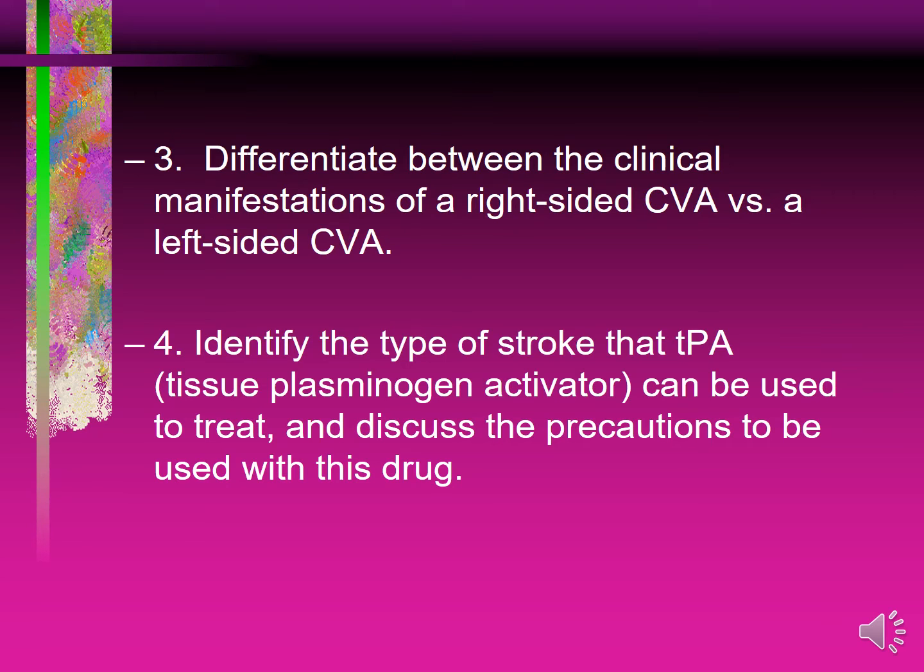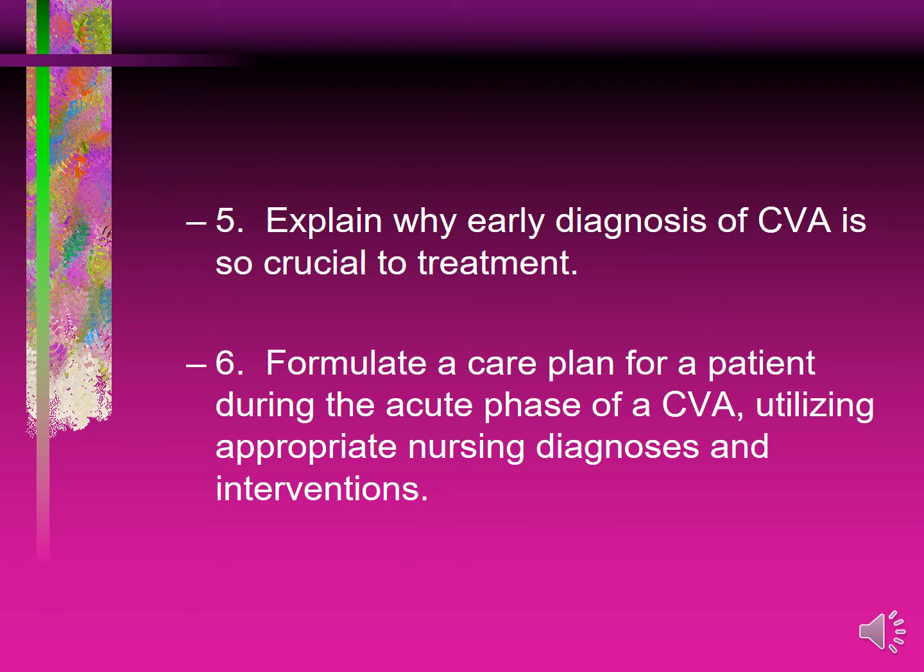You'll be able to identify the type of stroke that TPA, tissue plasminogen activator, can be used to treat, and discuss the precautions to be used with this drug. And lastly, be able to explain why early diagnosis of CVA is so crucial to treatment, and you'll be able to formulate a care plan to be used for a patient during the acute phase of a CVA, utilizing appropriate nursing diagnoses and interventions.